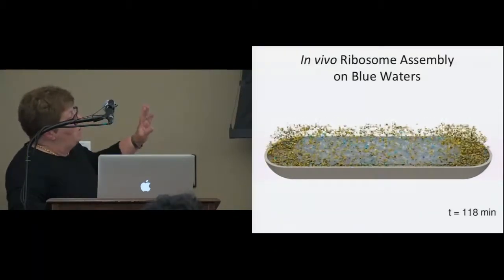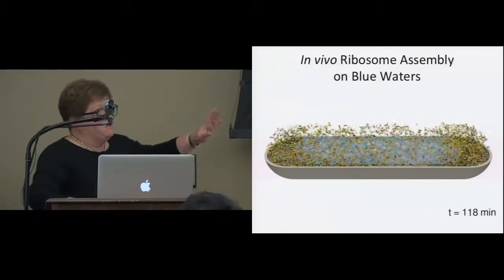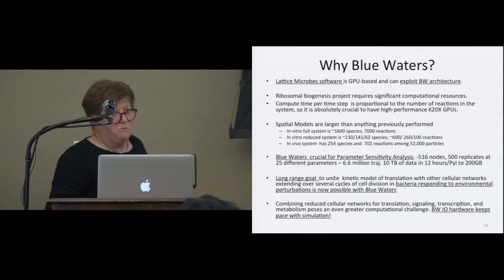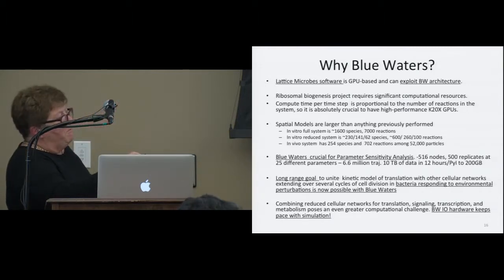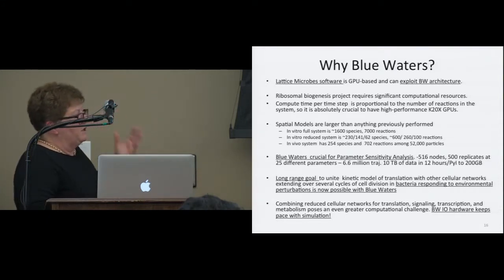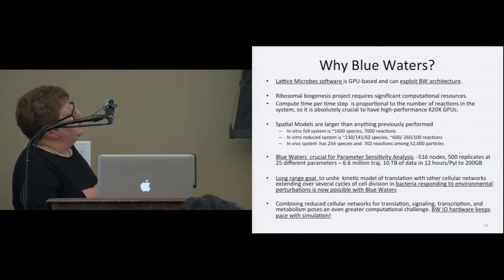What was really important about being able to do this is that there's some uncertainty even in the literature about the rates that you should be using. There are many reasons to use Blue Waters. One is that our software is inherently GPU based, and we can exploit the Blue Waters architecture. This is a large problem. It's going to need significant computational time, and these spatial models are larger, at least, than anything we've done.